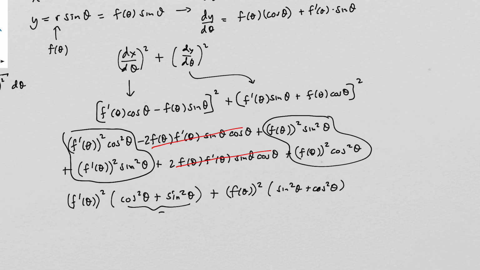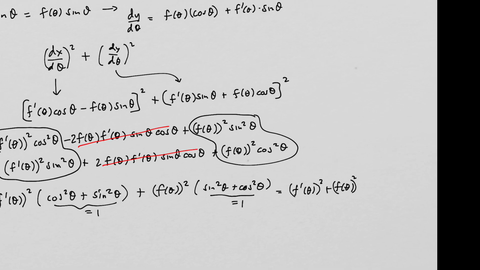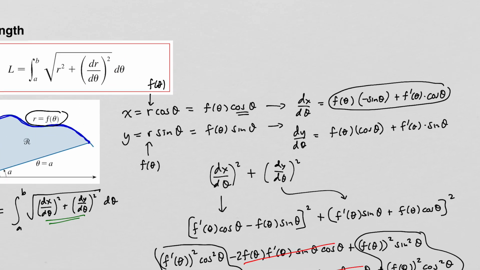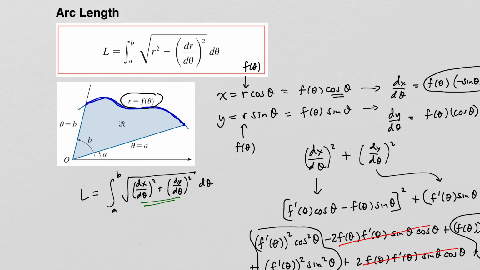But of course, these are both equal to 1. And so we end up with f prime of theta squared plus f of theta squared. And f prime of theta is the same as dr/dθ, and f of theta is the same as r. And that is where this formula comes from.